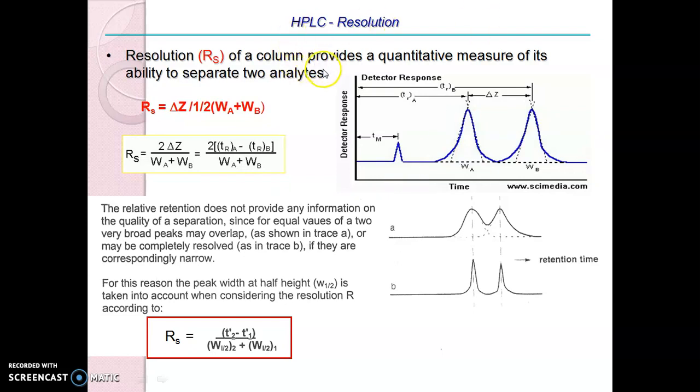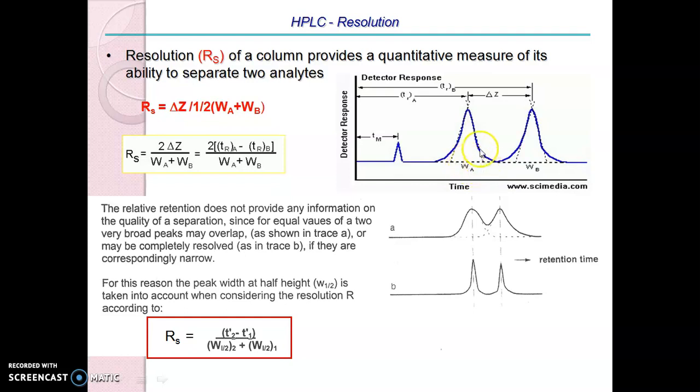So resolution is defined as a quantitative measure, the ability to separate two analytes or two samples.